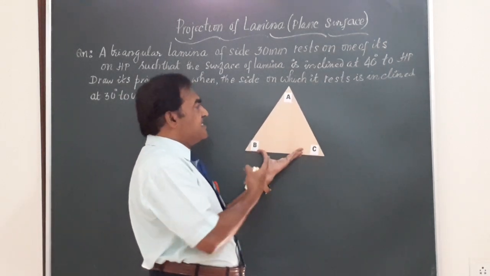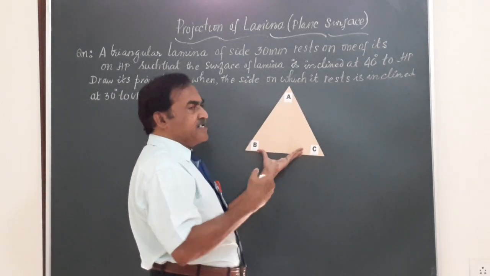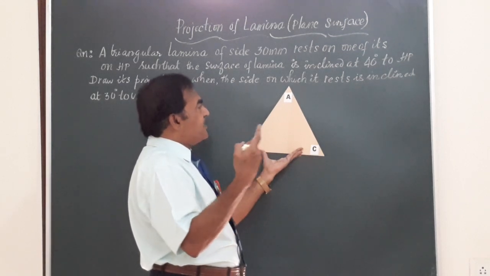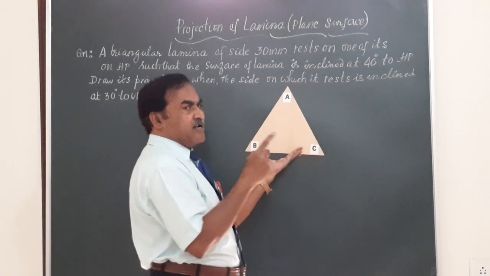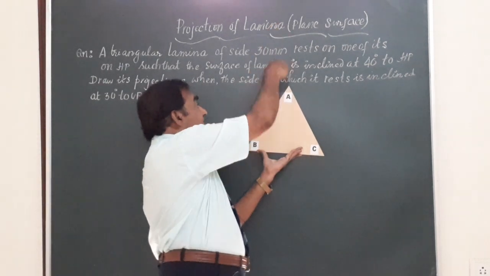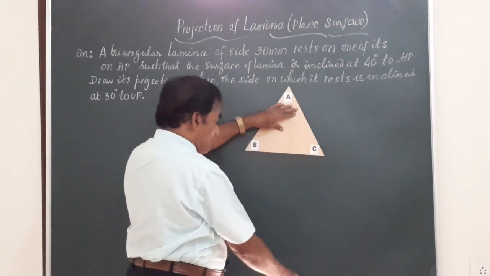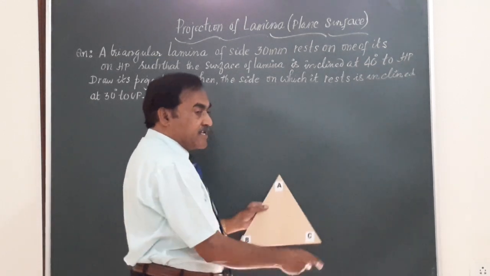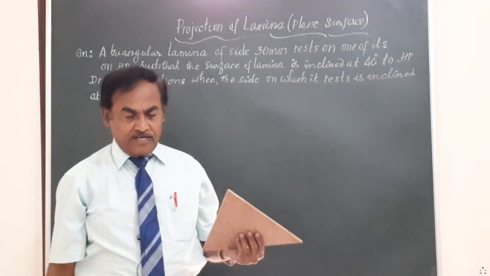When I say wall, it is the vertical plane. Friends, you will be able to see the front view of the lamina in its true form, true size, whereas when you look from the top, the shadow of this falls on XY, and XY is the line of intersection of HP and VP.